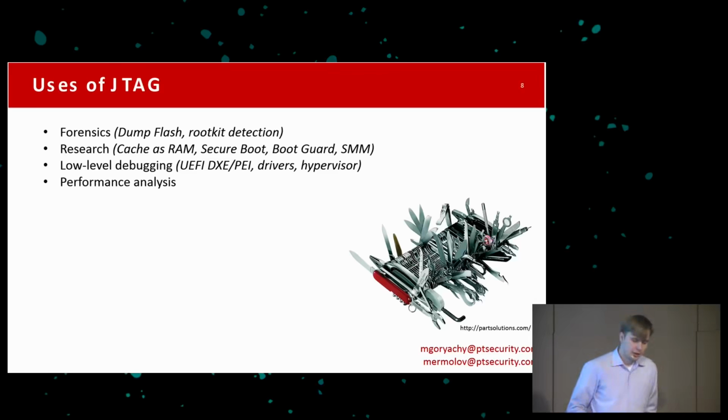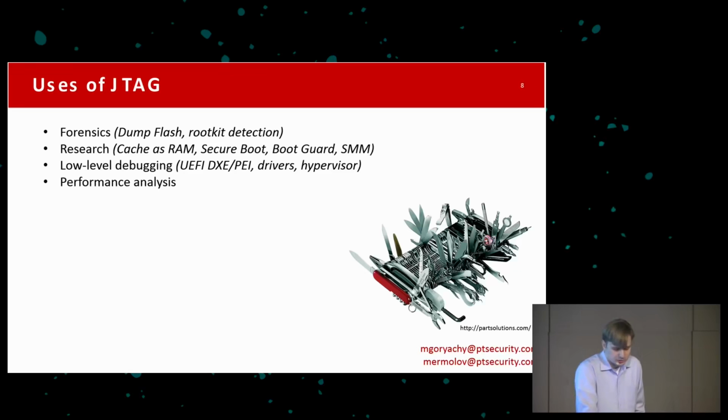But generally, JTAG is good not only as a basis of a Trojan. It can also be used for forensics. For example, if you don't trust the BIOS and would like to read firmware manually from SPI flash without a programmer, or to detect a rootkit.